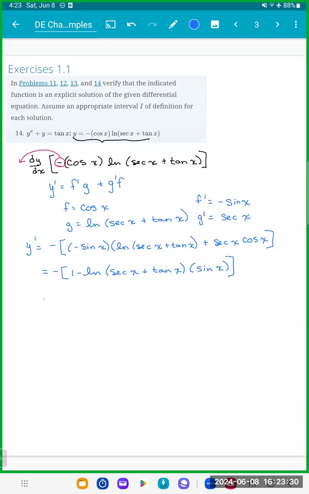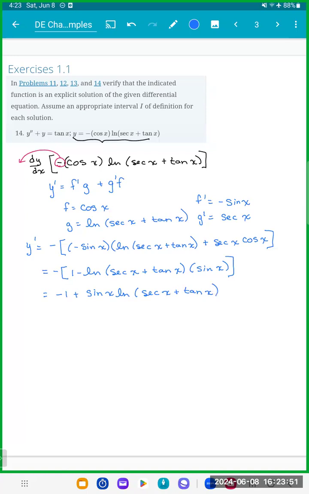And lastly, we can distribute that negative. So we end up with negative 1 plus, I'm going to just move the sine in front of our ln. So that's sine of x ln of our secant x plus tangent x.